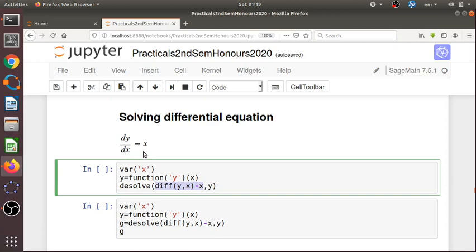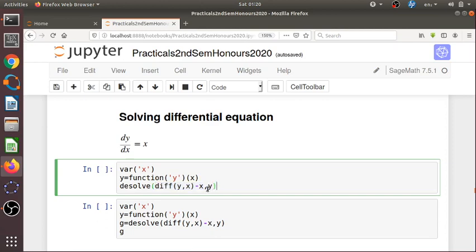Here the equation is dy/dx equal to x. If I take x to the left hand side, it's dy/dx minus x equal to 0. So the differential equation is diff(y, x) minus x, equal to 0. We just write the left hand side followed by a comma and the dependent variable.